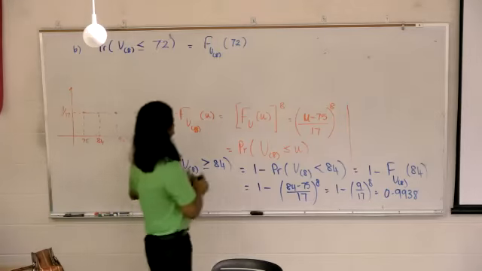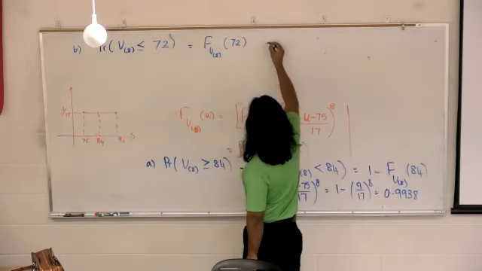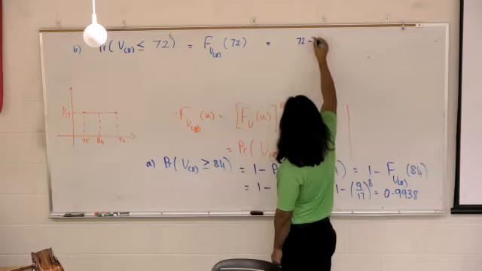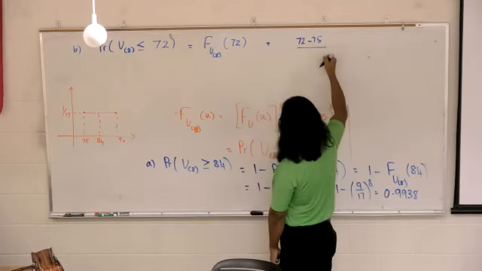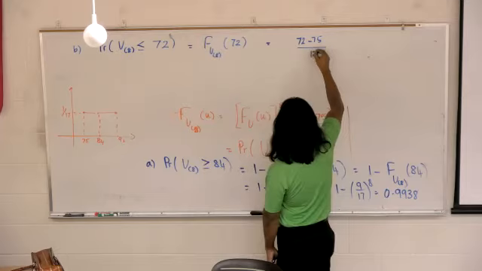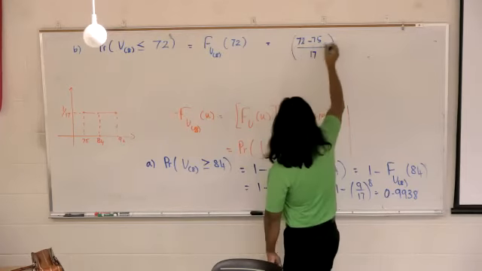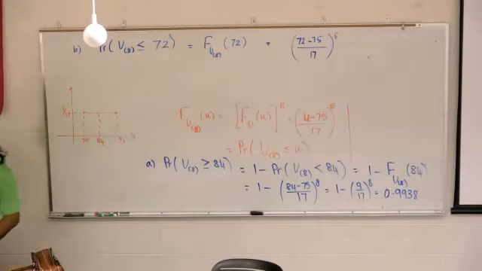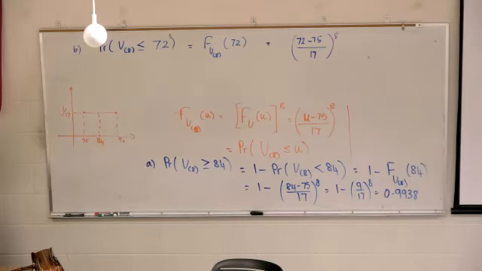So if you have 72, 72 minus 75 divided by 17, raised to the 8. Now that's a negative number, correct?